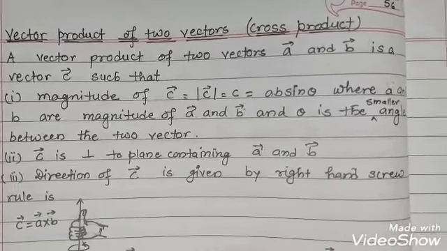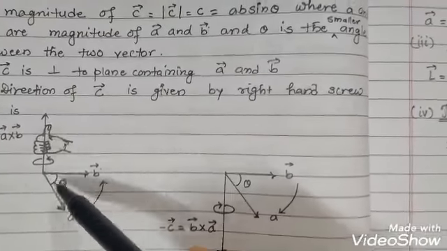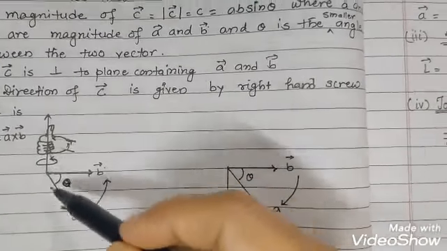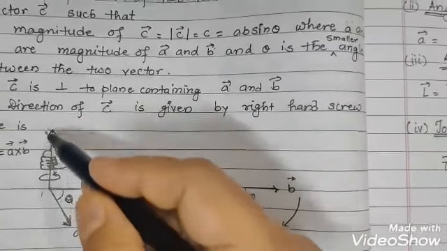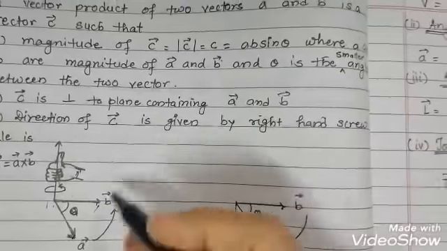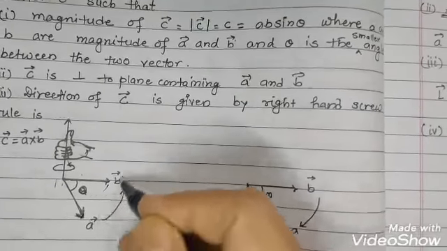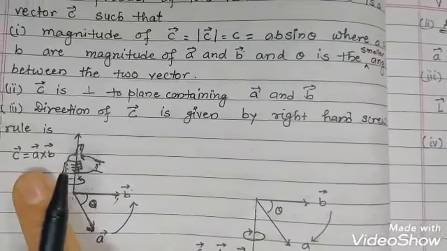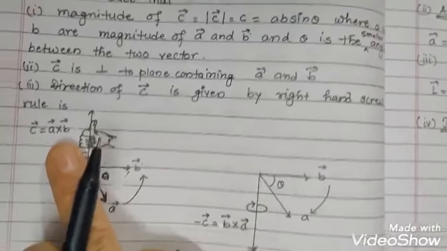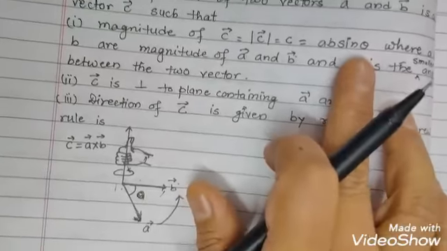You can see that if vector A is represented here, B is represented here, and the angle between them is θ, you will find the result of the cross product of these two vectors A and B in this direction, that is C, which is equal to A cross B, and the magnitude is given as AB sin θ.